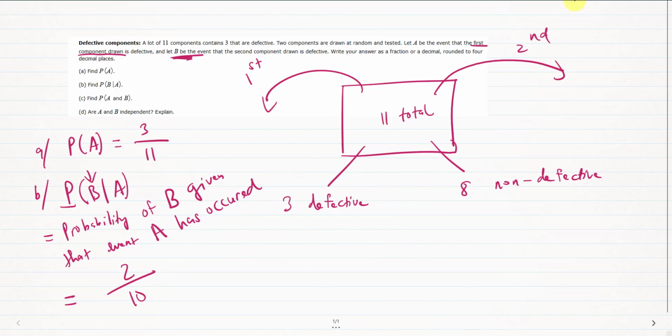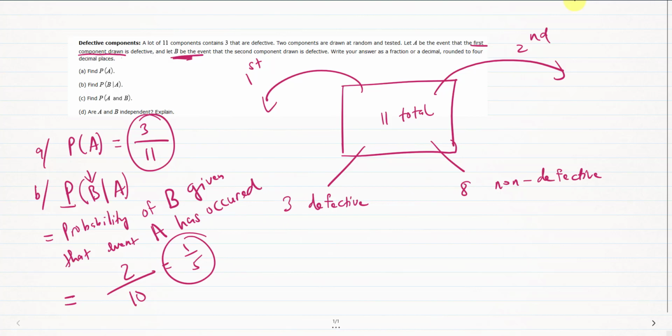And now the second time we take out another component, the chance that you will get a defective one would be 2 out of 10 only, or 1/5. So 3 out of 11 and 1/5 for the other one.